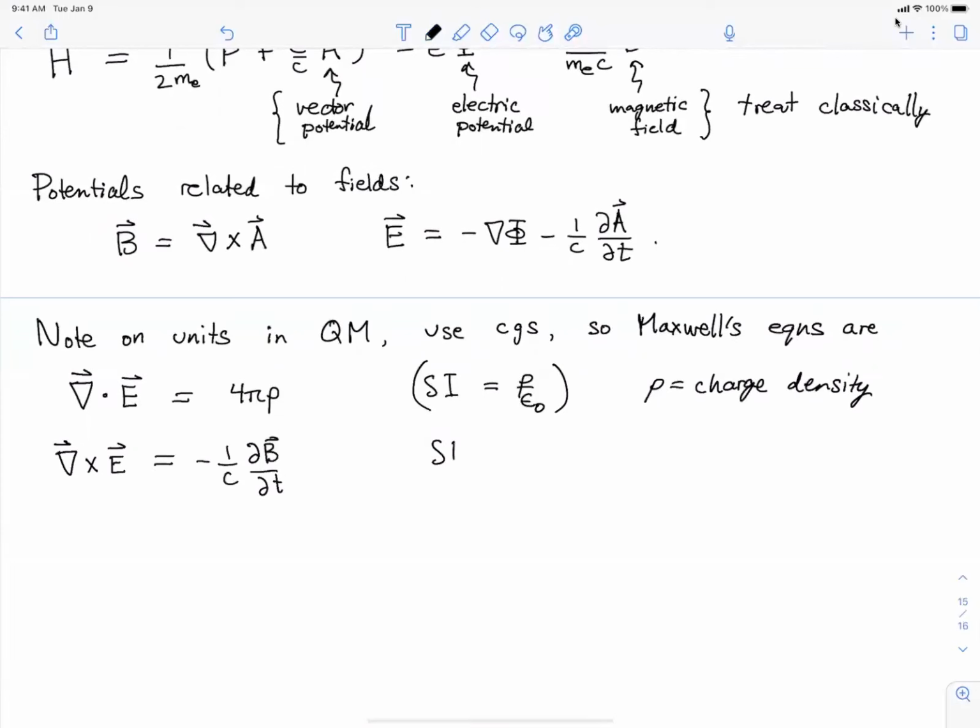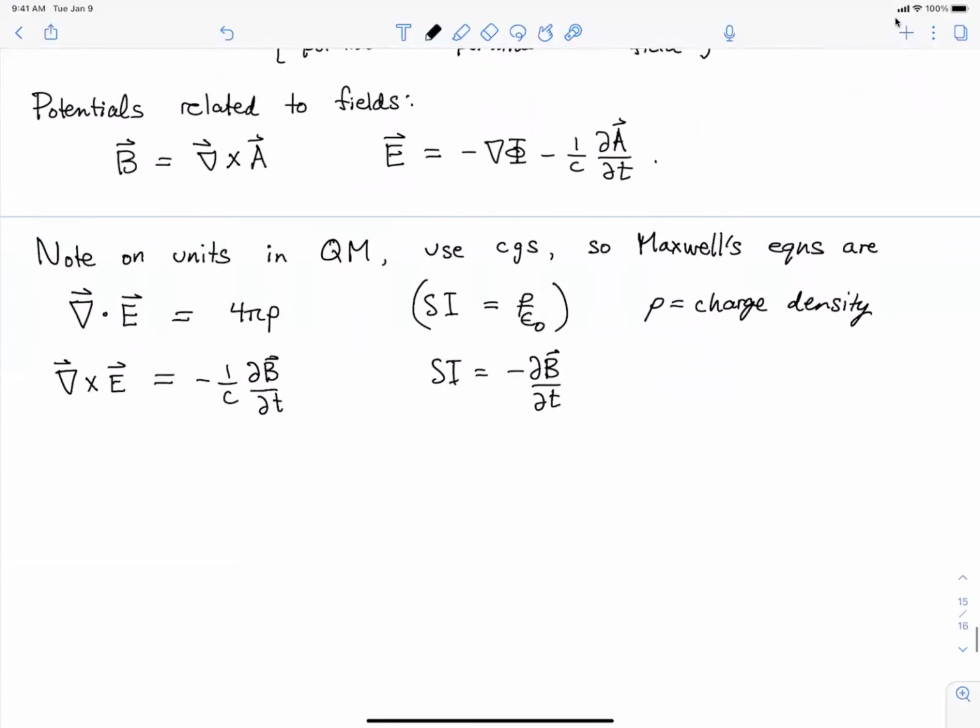In the SI system, you just leave off the speed of light factor. In both of them, the divergence of the magnetic field is 0. 0 is great because it doesn't depend on what system of units you're using.